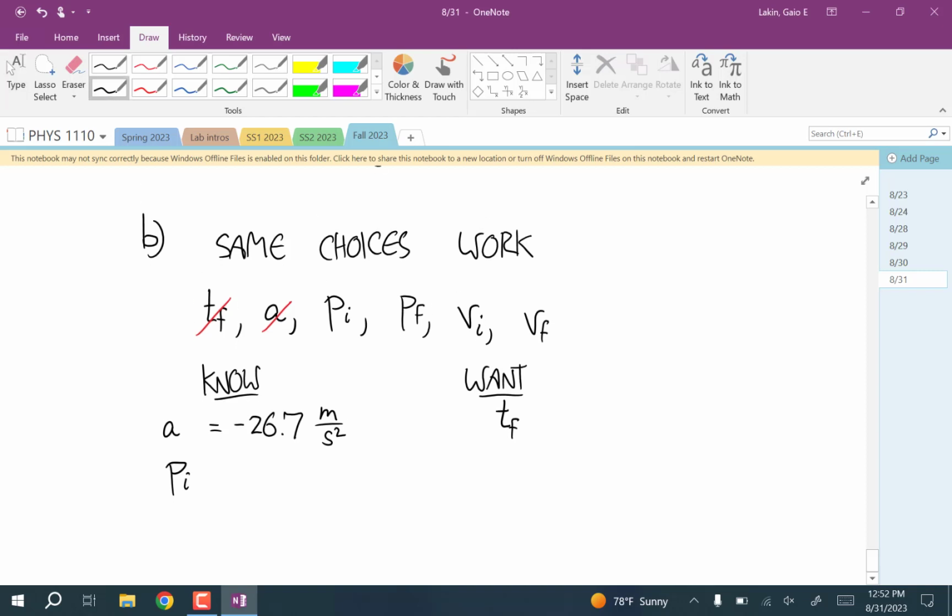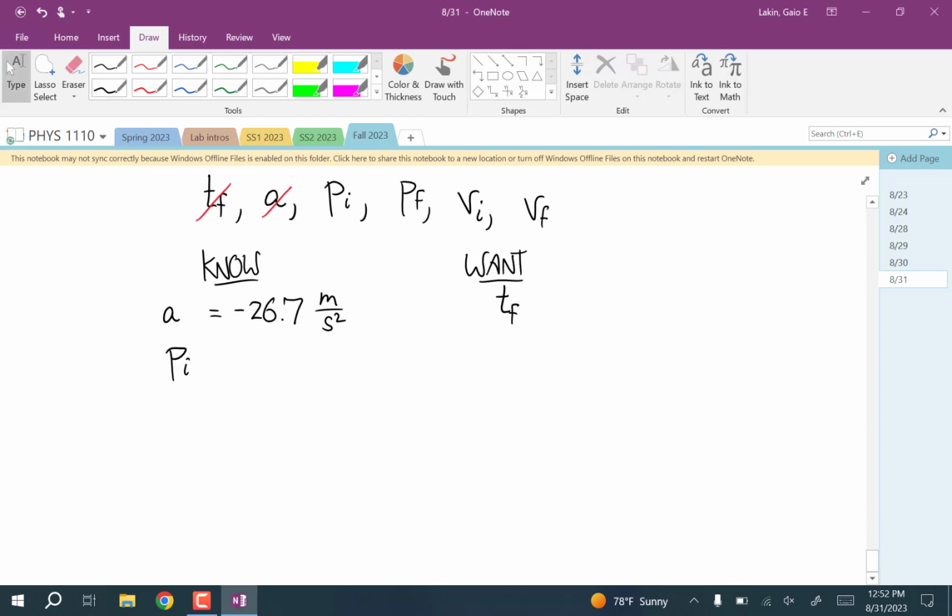All of the values stay the same. So anything we knew before, we know now. So P initial is 0. P final is positive 30. V initial is positive 40. And V final is 0.